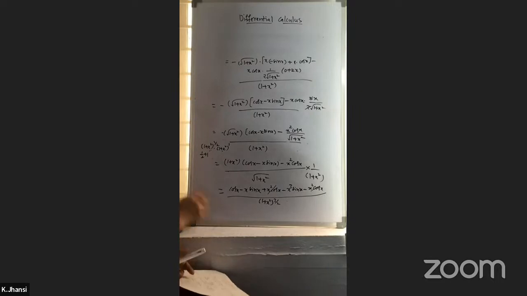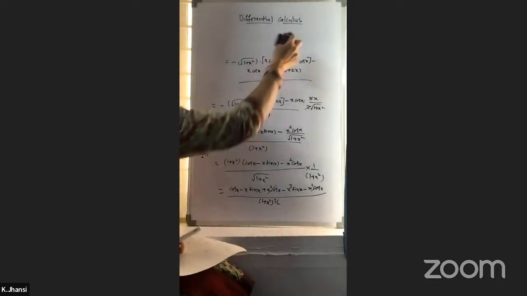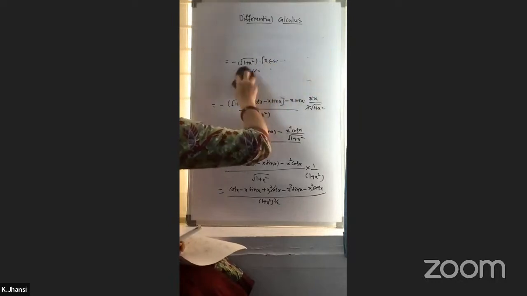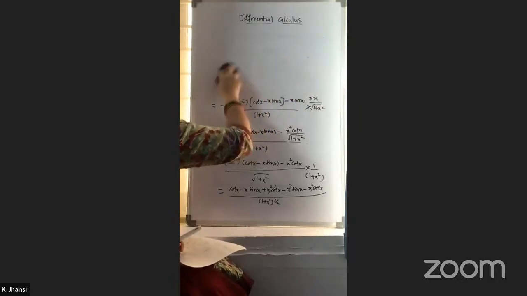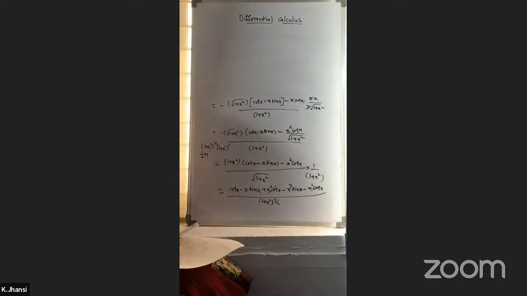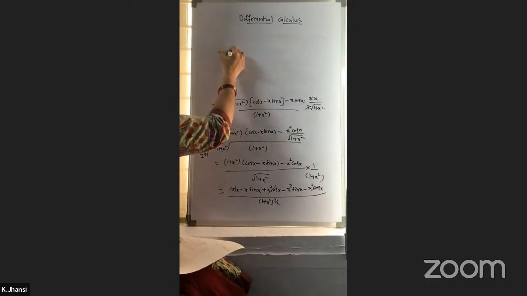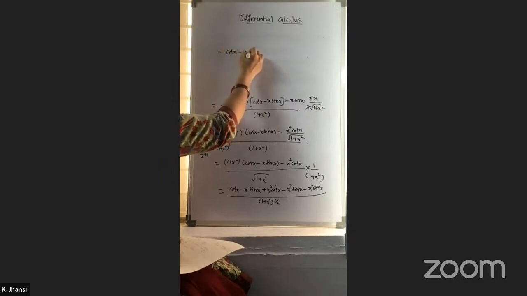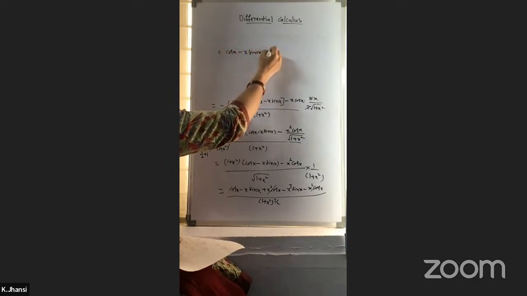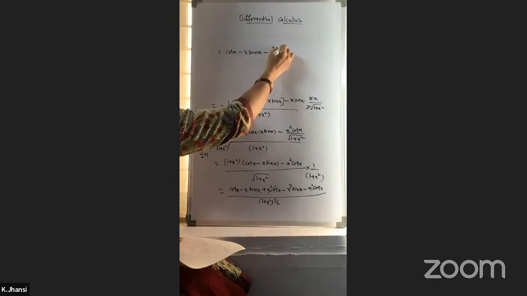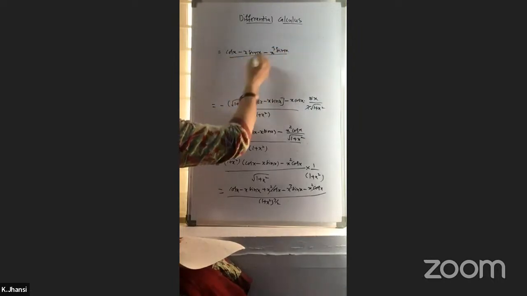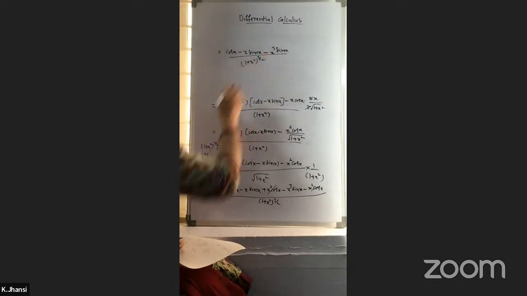Okay. And if you do the simplification of this one, that is cos x minus x sin x minus x cube sin x by 1 plus x square to the power of 3 by 2.